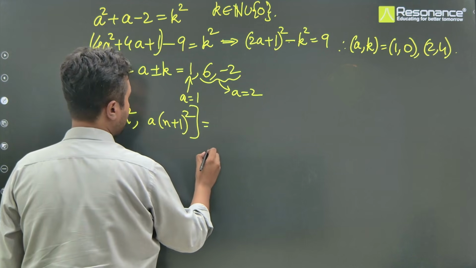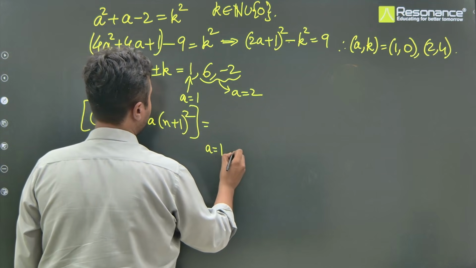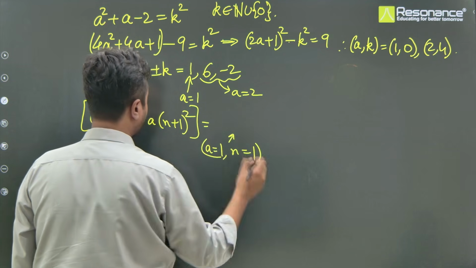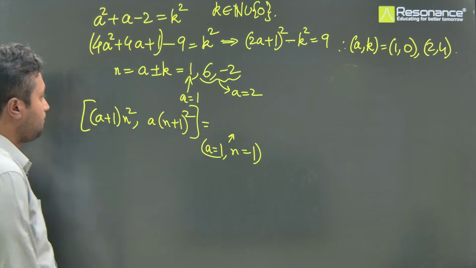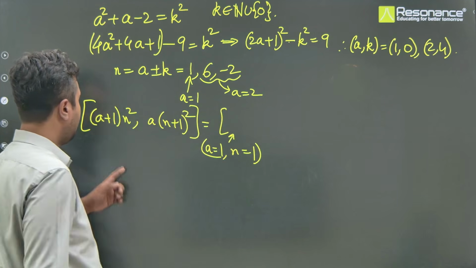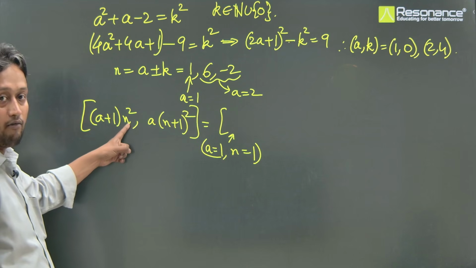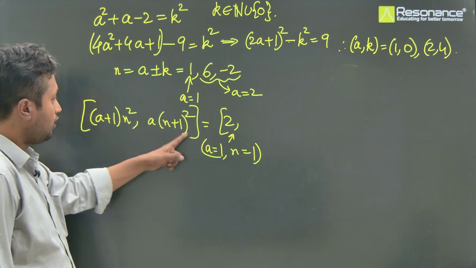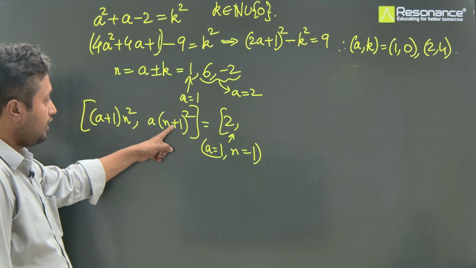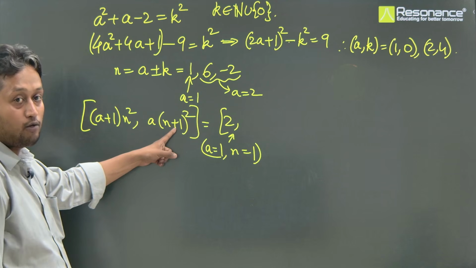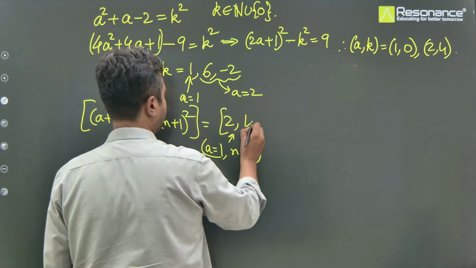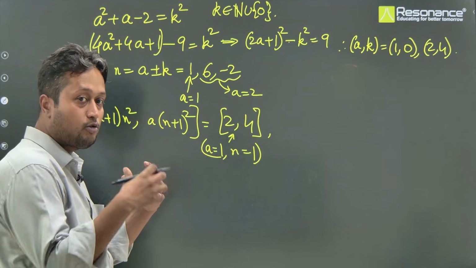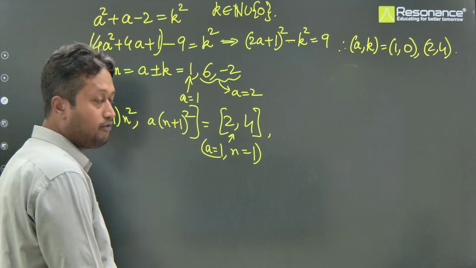In the case where a is equal to 1, n is equal to 1, these two numbers would then be 2 into 1, so 2 here, and then a is equal to 1, and n is equal to 1, so that would be 2 square, which is 4. And that's what we want. There should be a gap between these two numbers. That's where m square is going to fit.